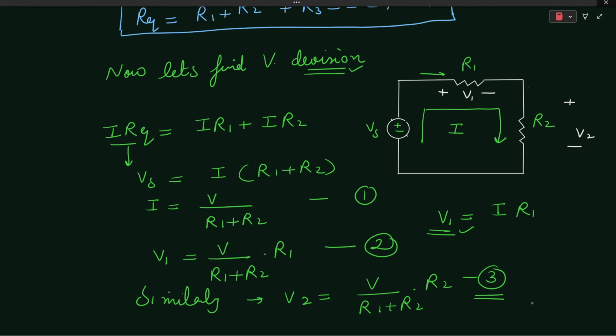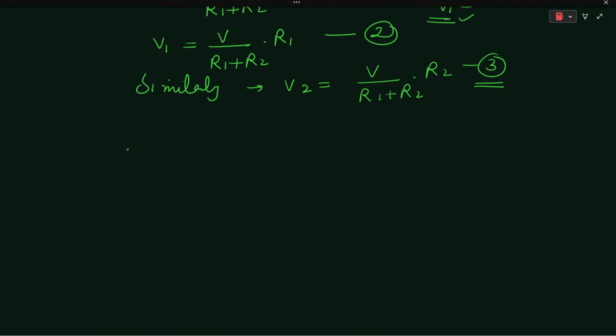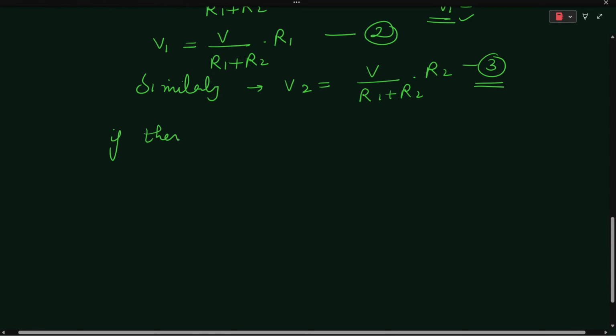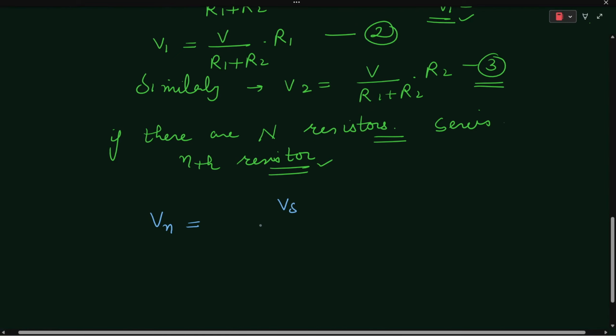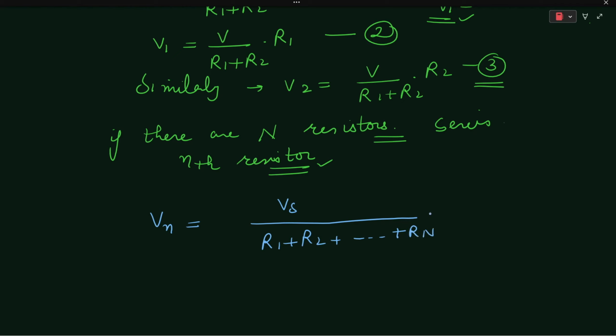So what we can say is if there are n resistors in a particular circuit connected in series, so the voltage division of the nth resistor will be given as Vn is equal to Vs, or the total voltage, divided by R1 plus R2 plus so on up to Rn, into Rn.